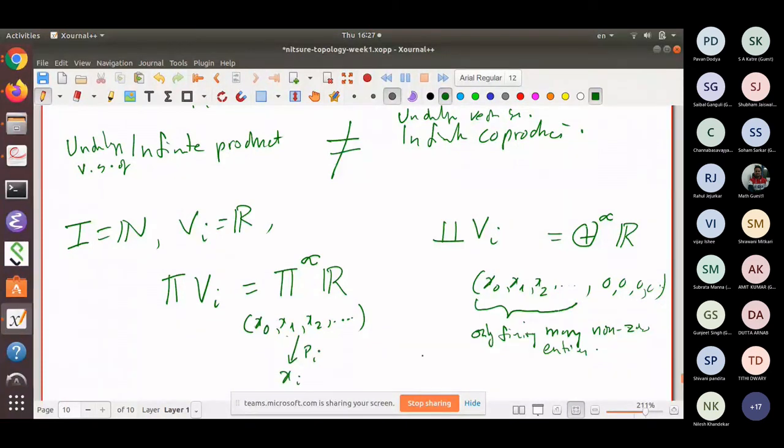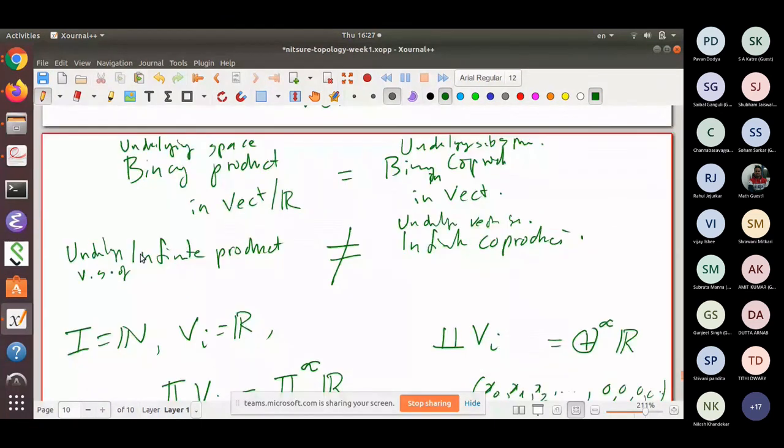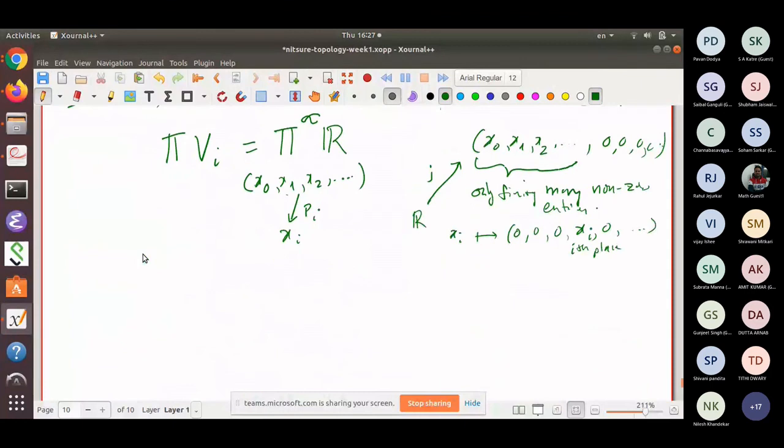And the map j from R sends x_i to 0, 0, 0, x_i, 0, 0, 0, with x_i in the ith place. Okay. So you understood what is the binary product and binary coproduct, as well as arbitrary family product and arbitrary family coproduct in vector spaces.